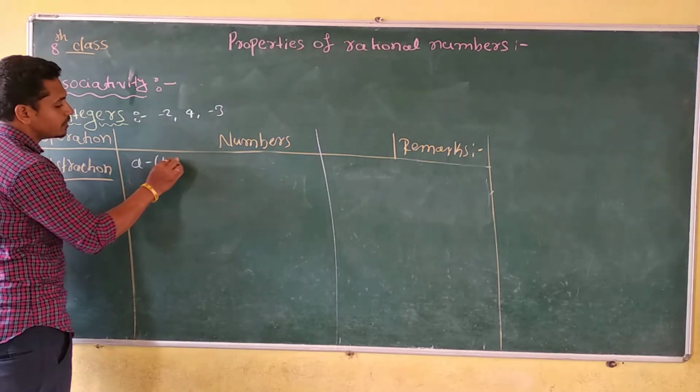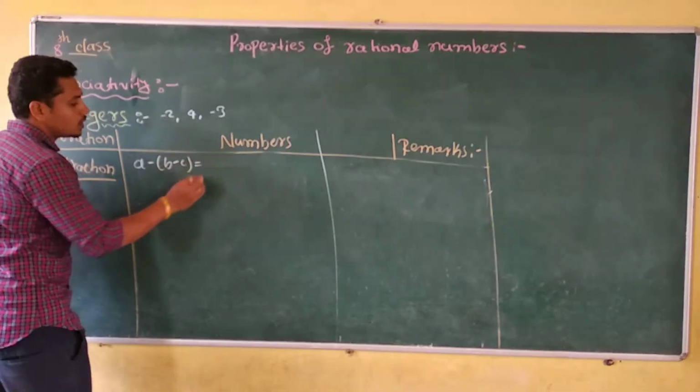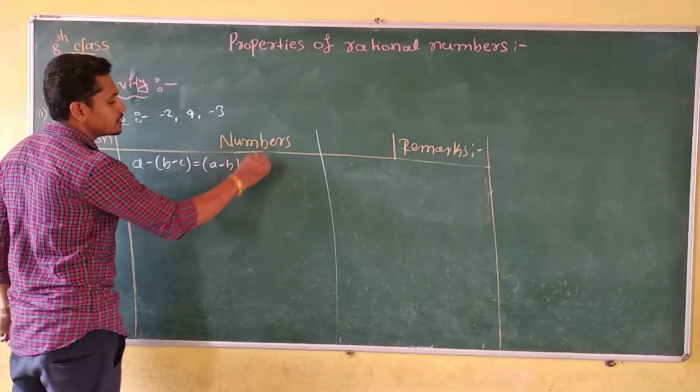a minus (b minus c) is equal to (a minus b) minus c.